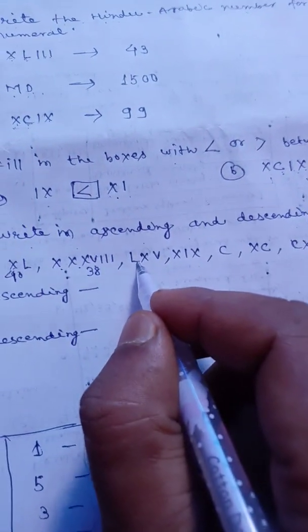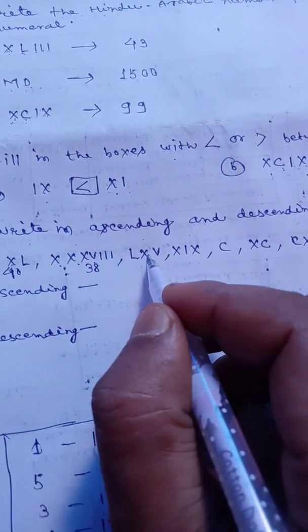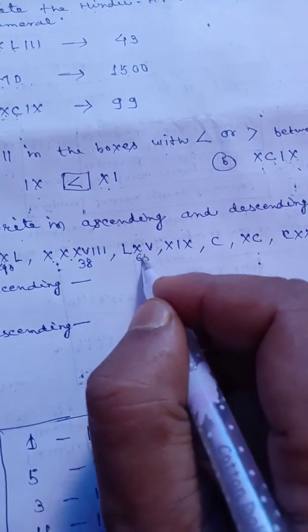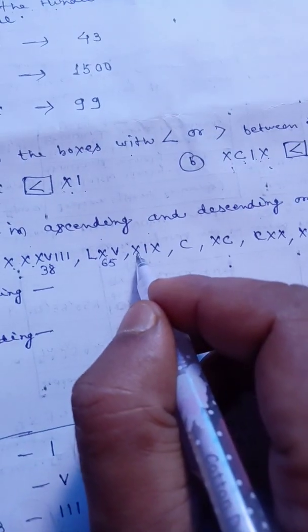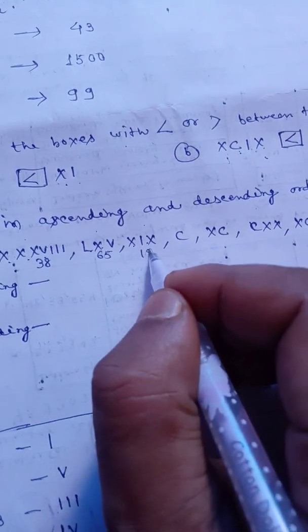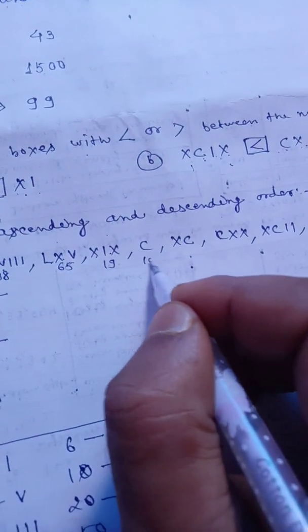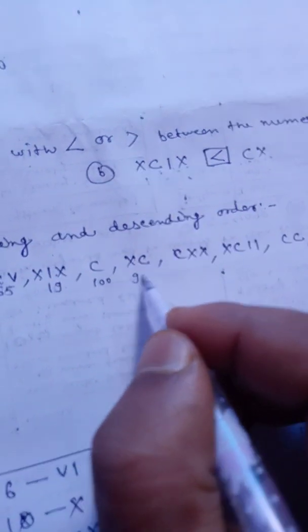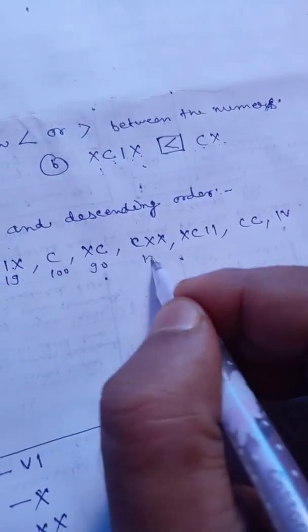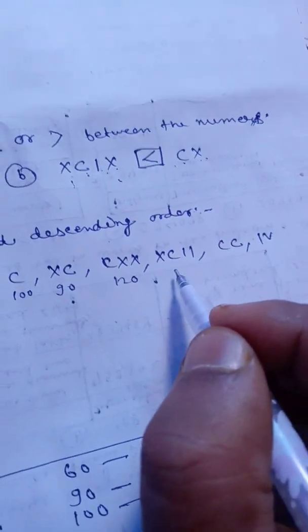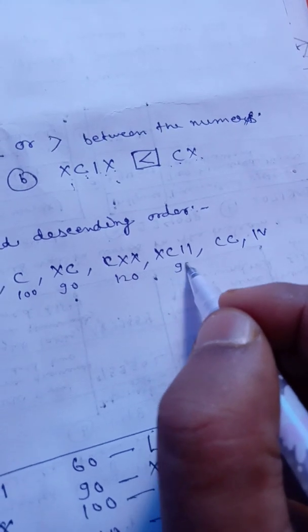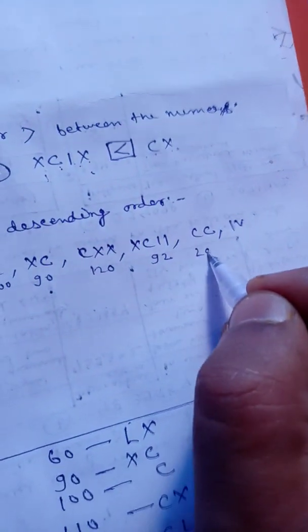This one 50, 10, 60, 65. And this one 10 and 9, 10 plus 9, 19. This one 100. This one 90. This one 120. This one 92. And this one 200.